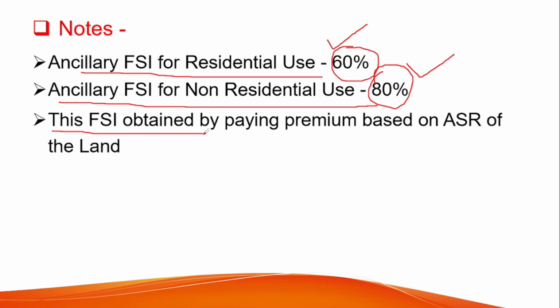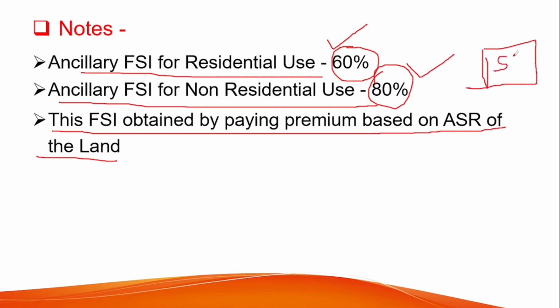Okay, and how do we obtain this ancillary FSI? See, this FSI is obtained by paying a premium based on the ASR of the land. So the type of question they can ask you here is, suppose you have a land, and suppose its value is 5 lakh rupees, and someone wants to construct a residential building, or a non-residential building, that is a commercial building.